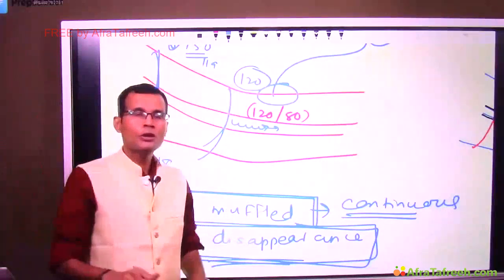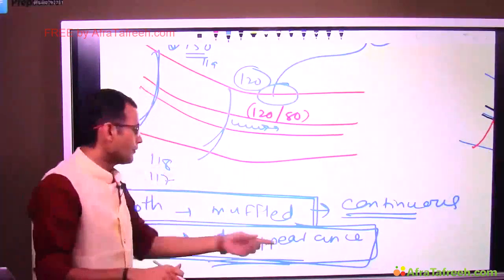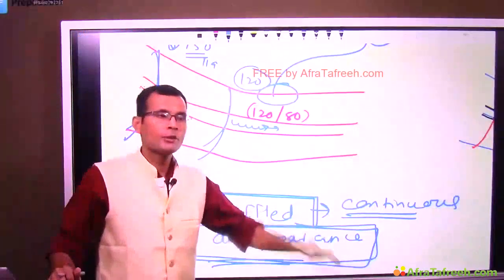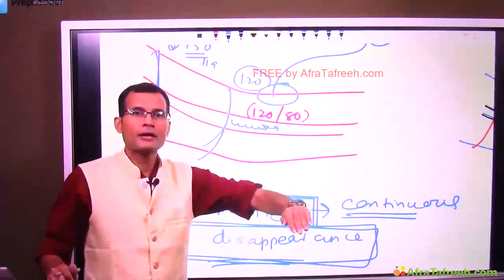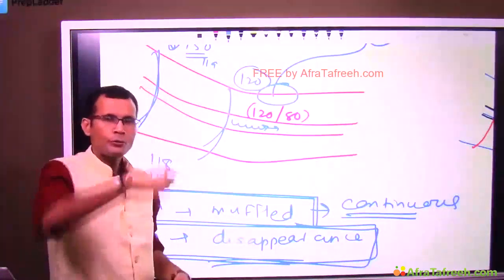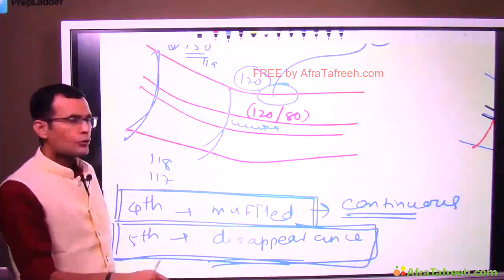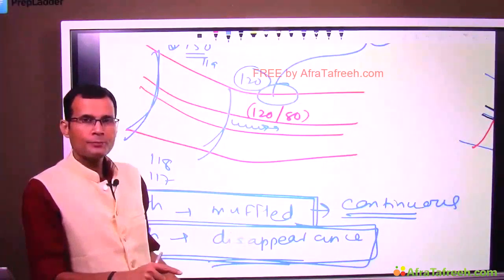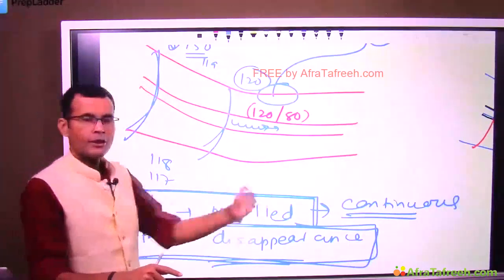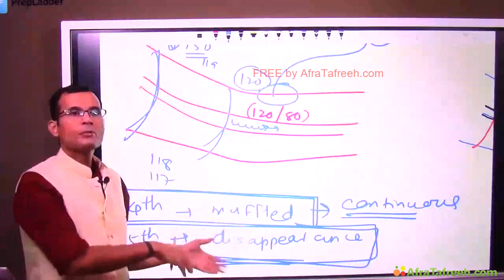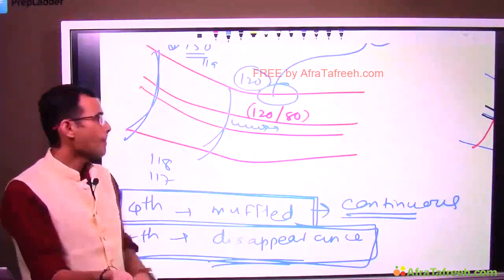As I told you, it's the blood flow which decides whether the sound will be there or not. So far it was turbulent because the blood flow was going through a narrowed lumen of the vessel. So muffled sound means diastolic blood pressure has reached. So continuous sound is there. And disappearance means now the blood flow becomes laminar again.